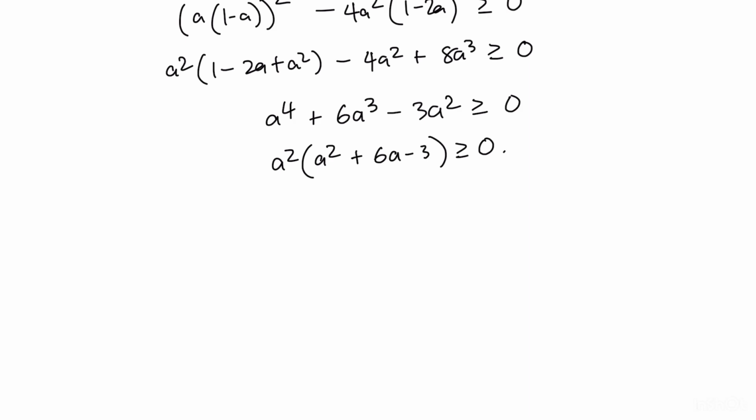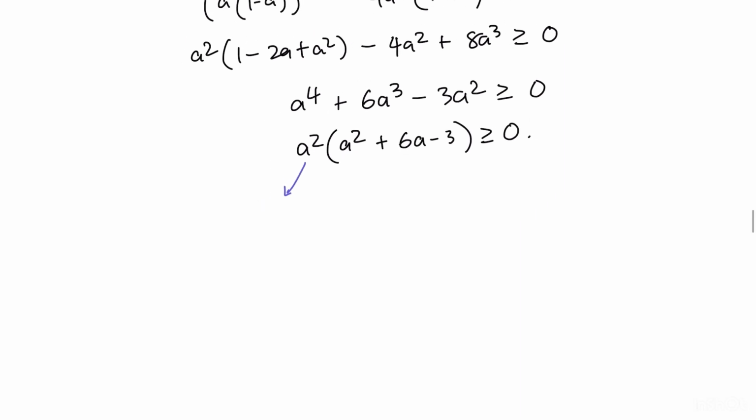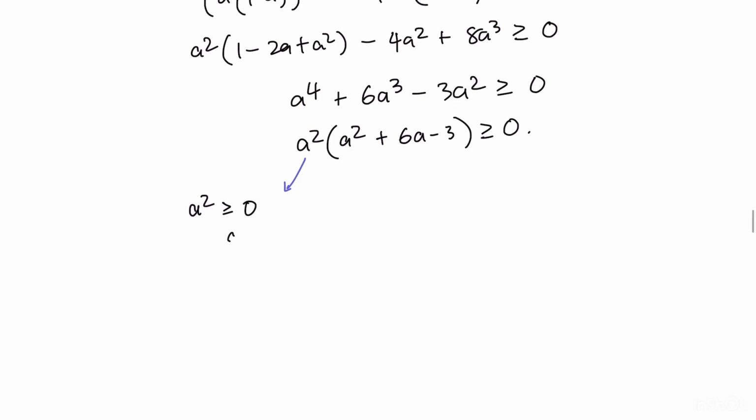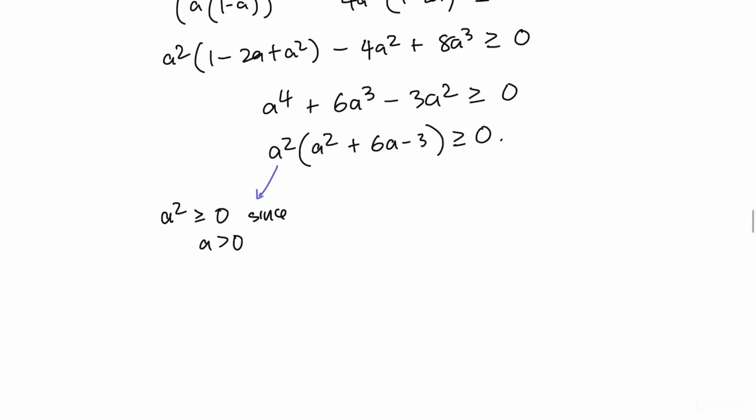Now, there are two factors here. So a squared here, we know for a fact that a squared is always going to be non-negative because we already know that a is positive. Well, actually, a squared is always positive.